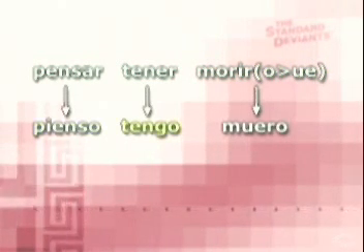This process of getting a verb ready to use as a command works exactly the same way with most of the verbs we've met so far that are irregular. Look at the verbs pensar, tener, and possibly a new one, morir, an O to UE verb that means to die. Change them to their yo forms, pienso, tengo, and muero, knock off the O's, and put on the appropriate endings.